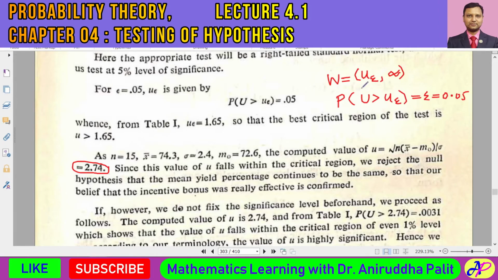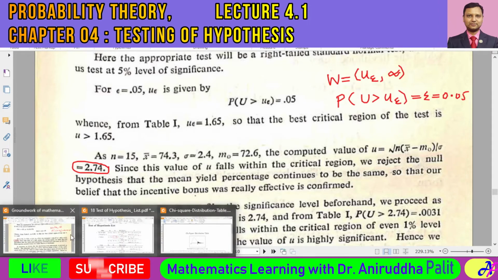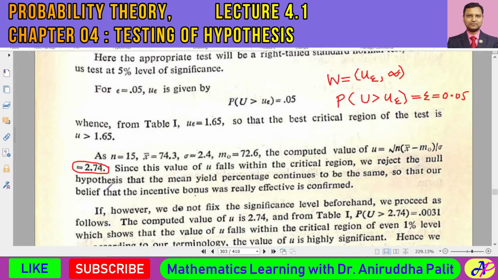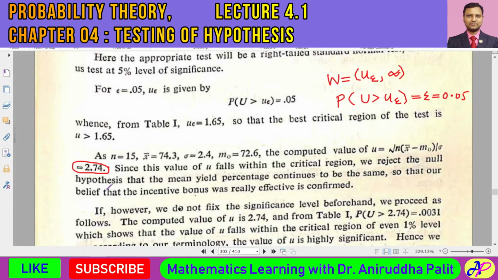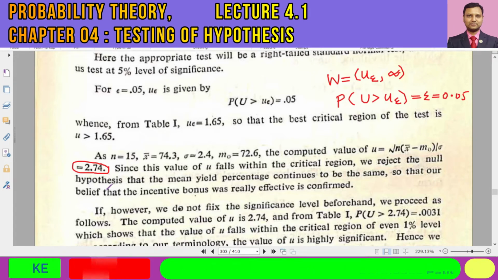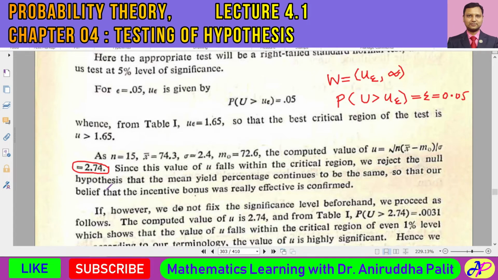Let me demonstrate it once again. From the normal distribution table, at the end of this book, you have this normal distribution table. It's near about 300 pages or something like that. Let's check.